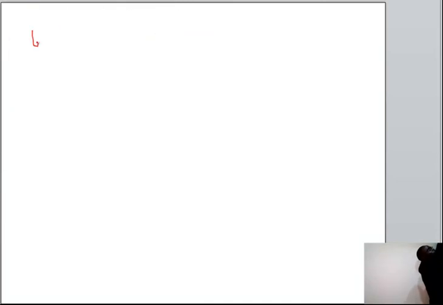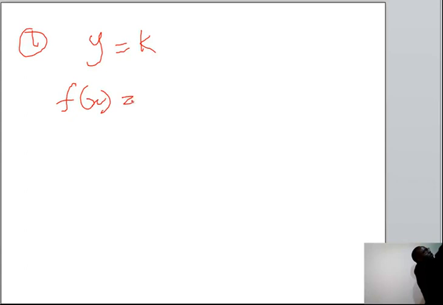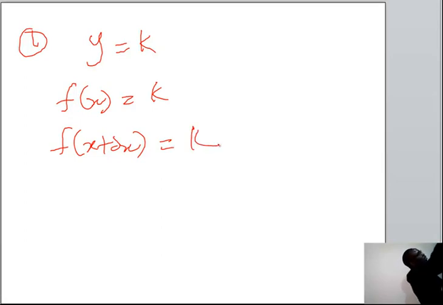For the first function, a constant function, where your y equals what? k. In this situation, you know that your f of x equals what? k. Now, for you to find f of x plus dx, you now have k again. Your f of x plus dx equals k.